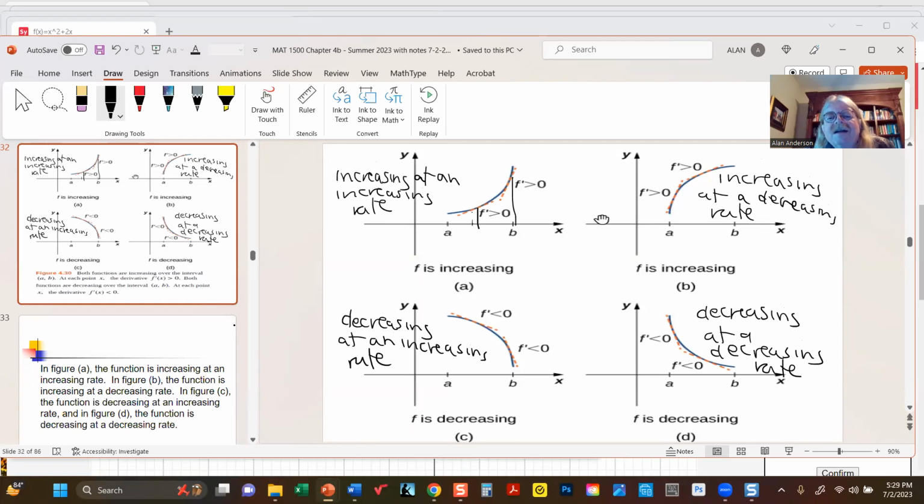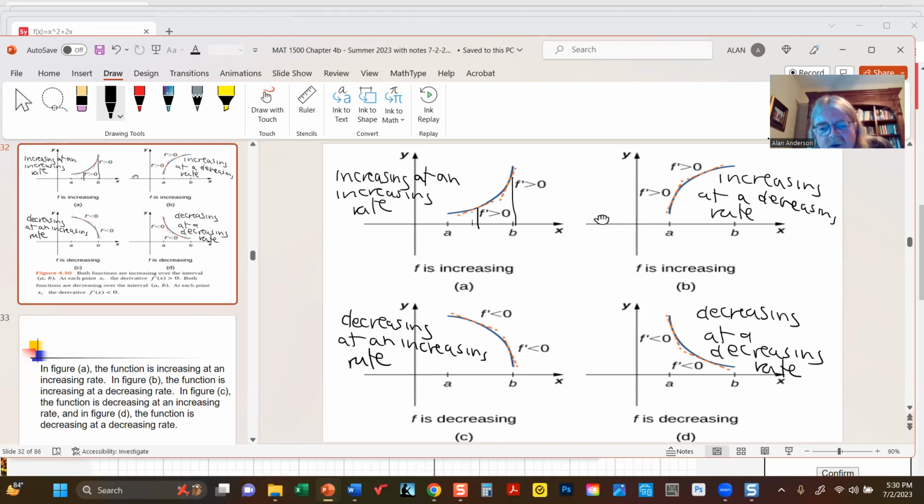The slope is positive, but it's increasing. In other words, it's becoming more positive. In the second case up here, both of these slopes are positive, but the first slope is greater than the second slope. I'm going from left to right. The slopes are positive, but the second one is smaller than the first one. So we say that the function is increasing at a decreasing rate.